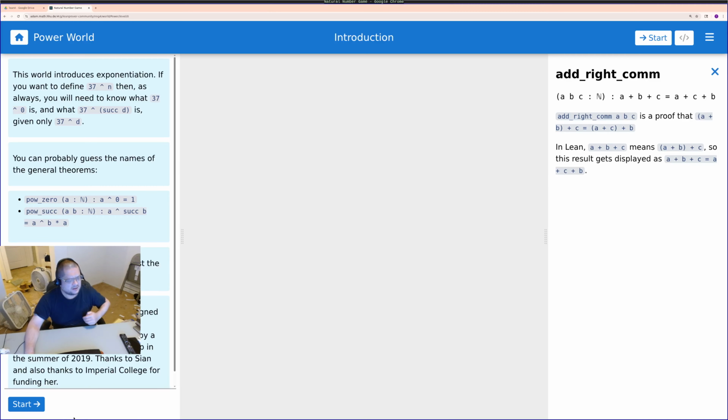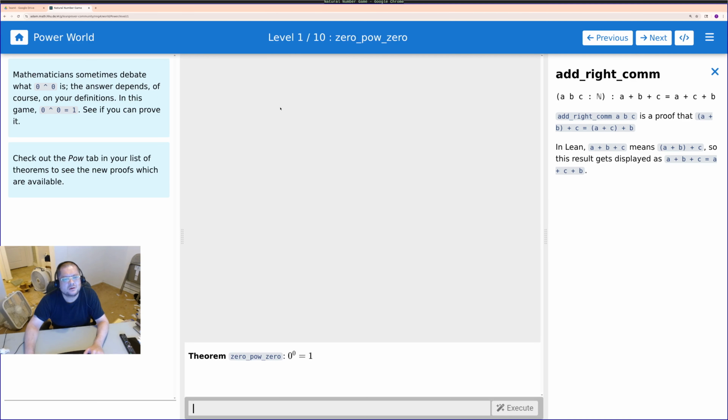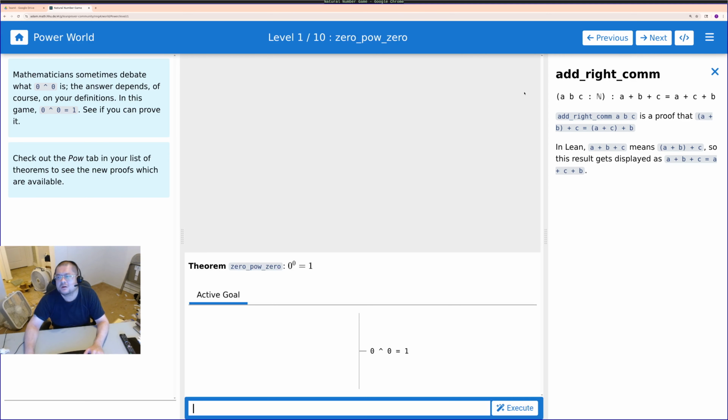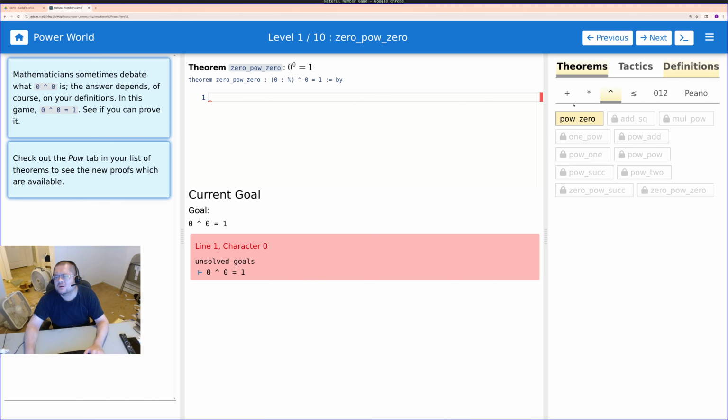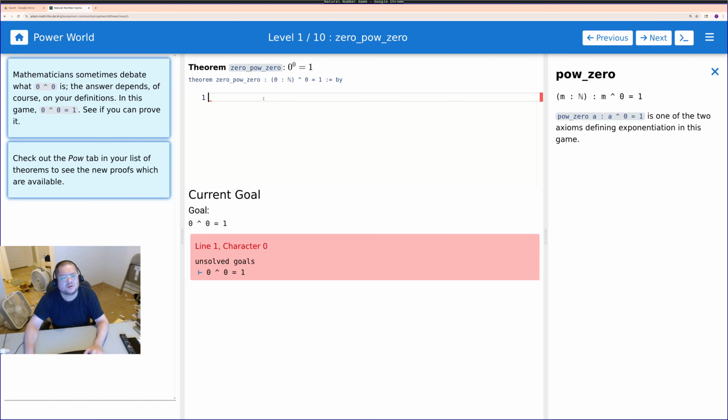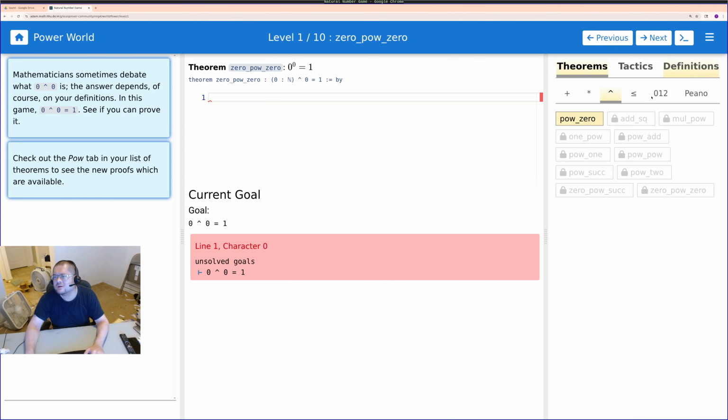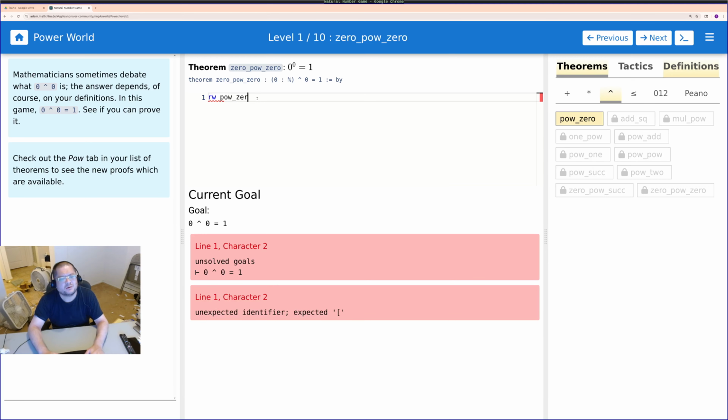Alright, let us now do power world. Okay, let's change it back to this. So, this is going to be rewrite power 0.